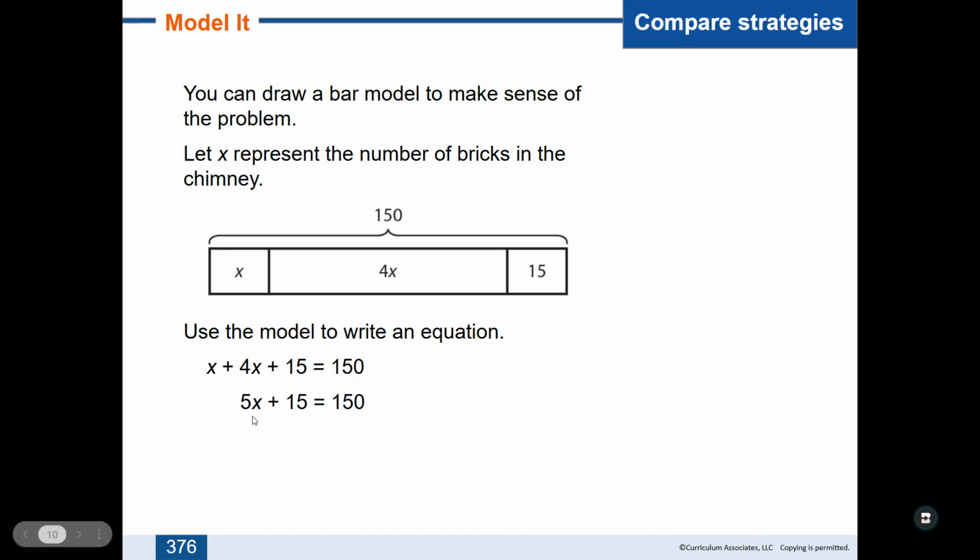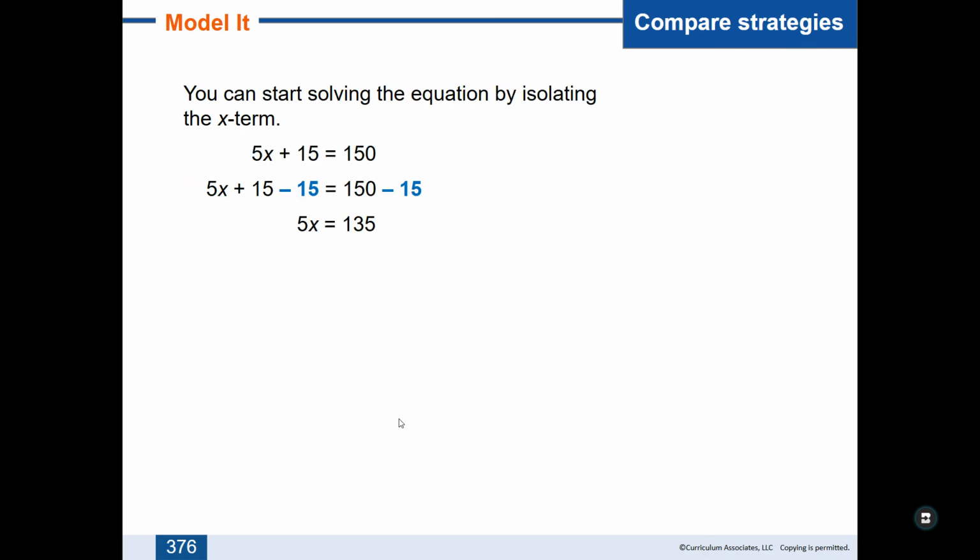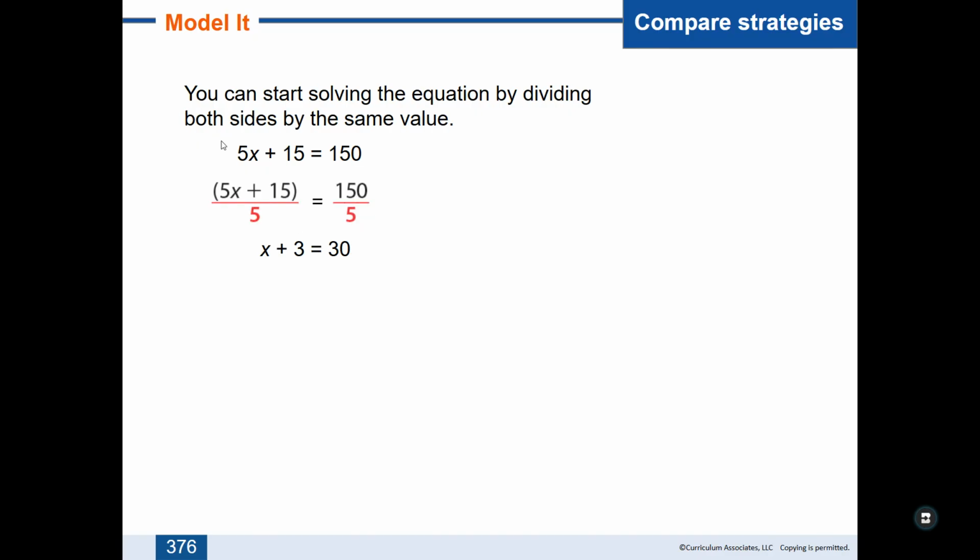Combine like terms, and we get 5x plus 15 equals 150. You can start solving the equation by isolating the x term. Right here, we're going to subtract 15 from both sides to get rid of it, and we get 5x equals 135.